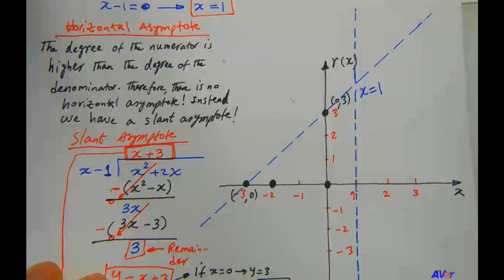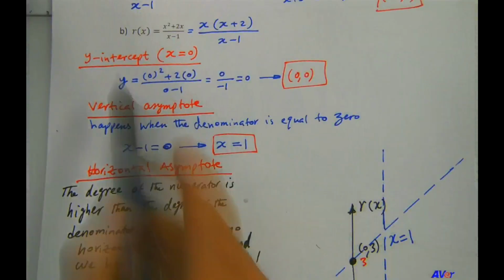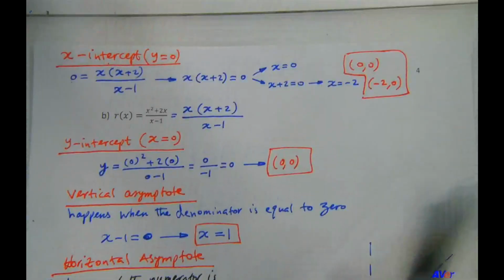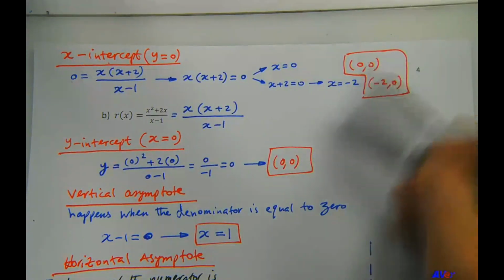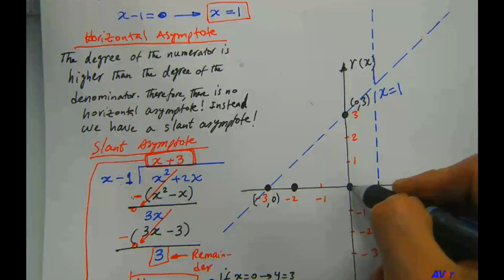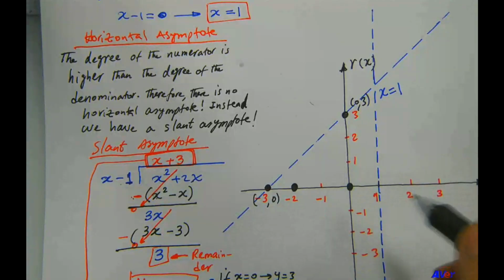Okay? So those are the x-intercepts. How about the y-intercept? The y-intercept we found is 0, 0, which is equal to one of the x-intercepts. So it would be right there.